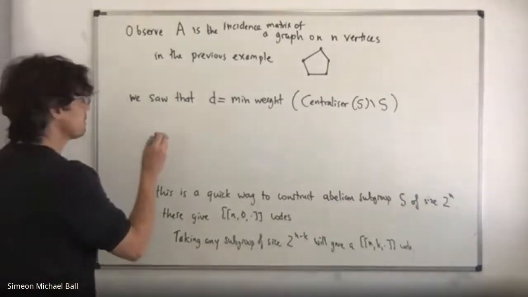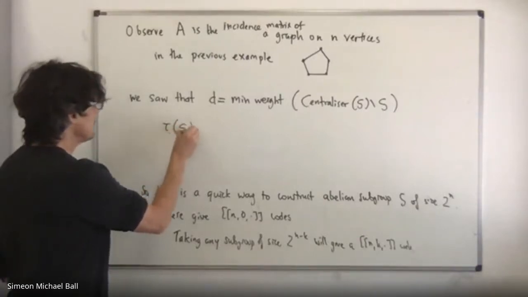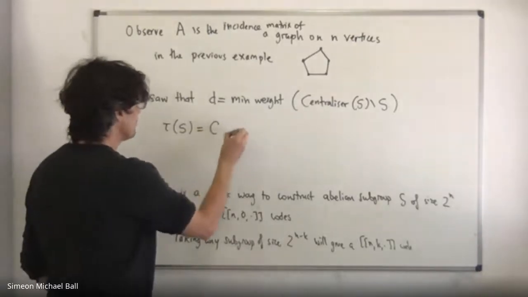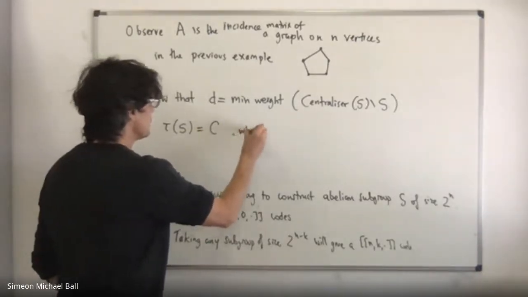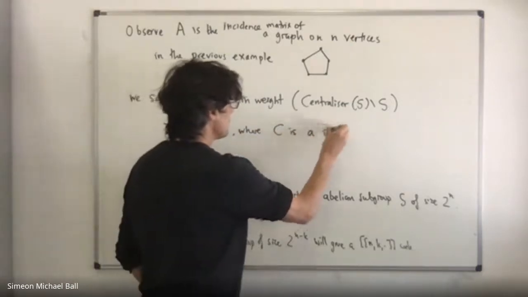So let me think. We have that tau of S is equal to C, where C is a subspace.